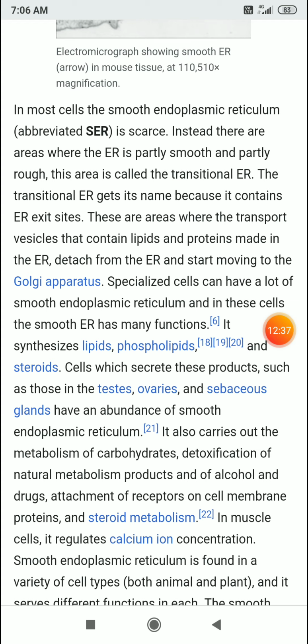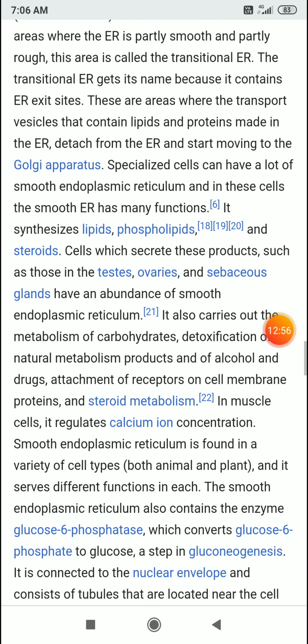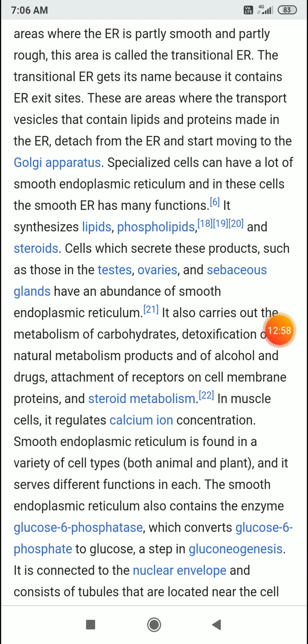Specialized cells can have a lot of smooth endoplasmic reticulum. The smooth ER has many functions: it synthesizes lipids, phospholipids, and steroids, and cells which secrete these products, such as those in the testes, ovaries, and glands, have an abundance of smooth endoplasmic reticulum.